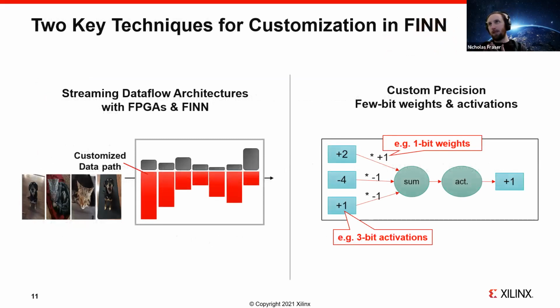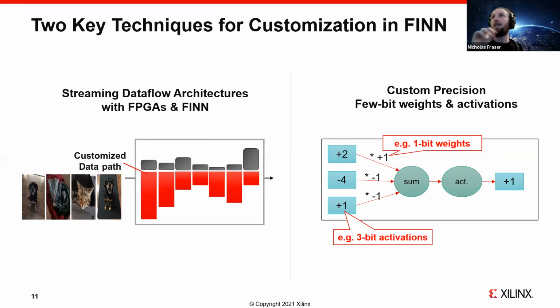Okay, so the two main techniques of customization in Fin that we use in order to achieve high throughput, low latency architectures are as follows. One is we implement custom streaming data flow architectures specific to the neural network that you're trying to deploy, and I'm going to talk about this mostly in the second half of the presentation.